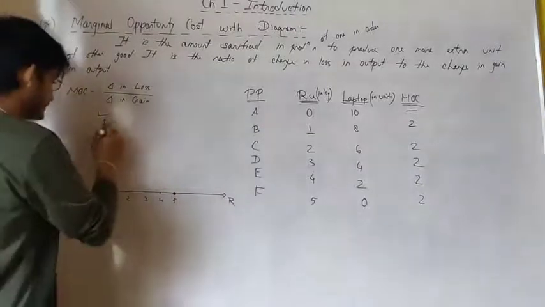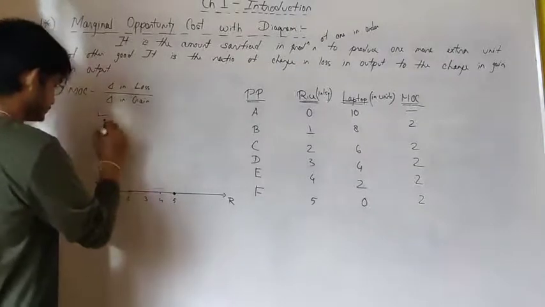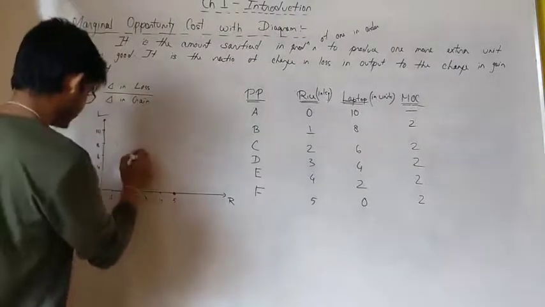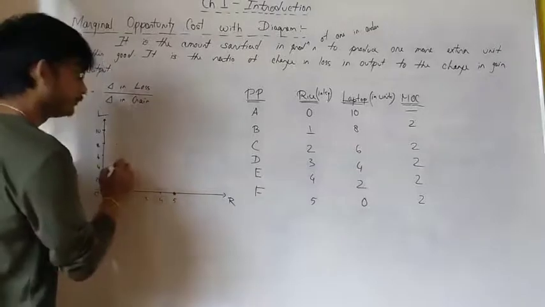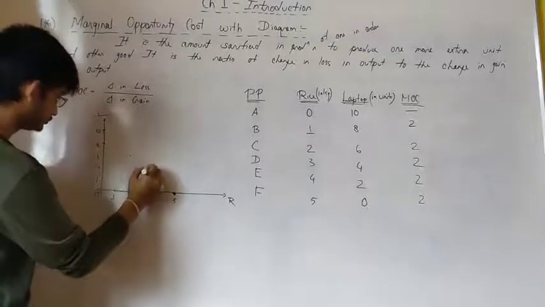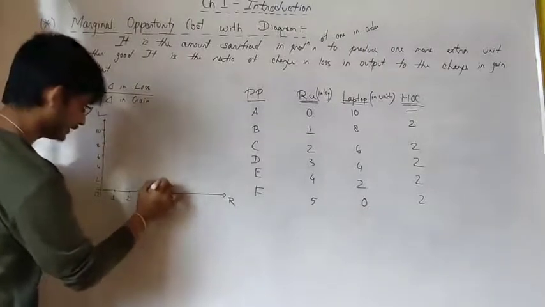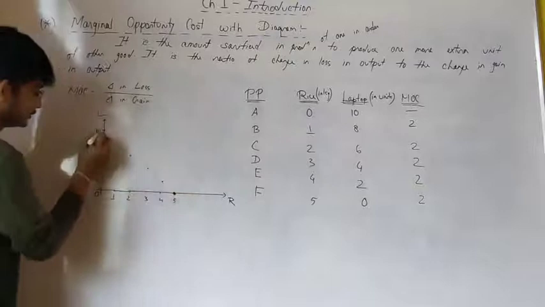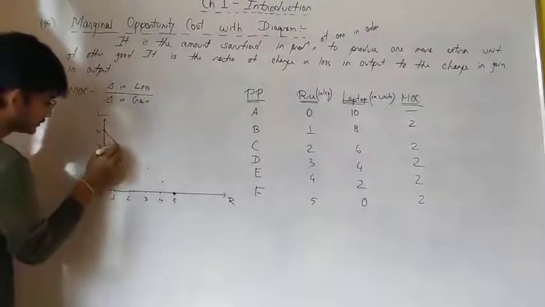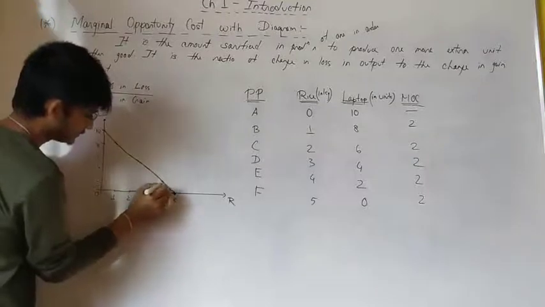For 0 it is 10, for 1 it is 8, for 2 it is 6, for 3 it is 4, for 4 it is 2, and then 1. So let's see what happens. Well, can you see the difference?